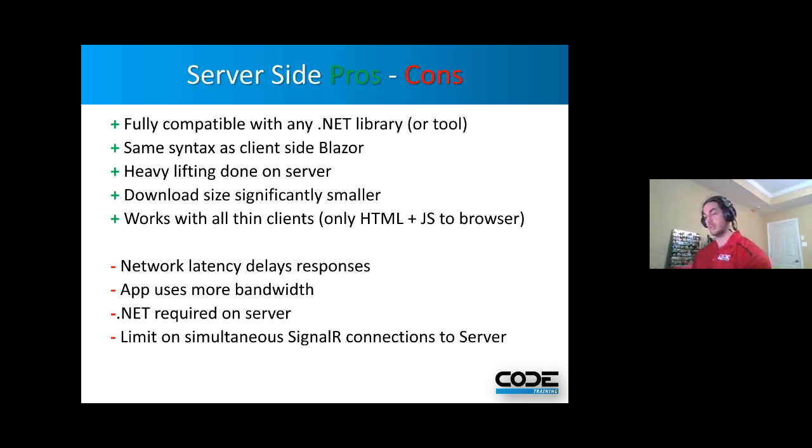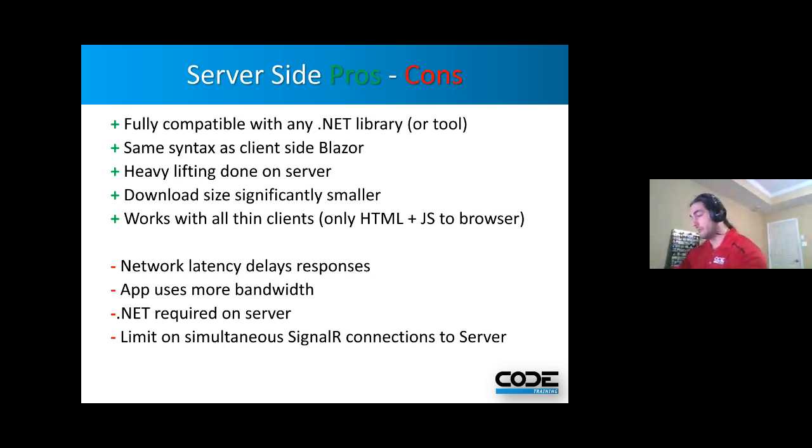How do you replicate your server and make sure additional requests that the original one can't serve up are handled by your backup? You don't have this problem, obviously, with client side, right? Because if 100,000 people serve up a client side Blazor app, well, 100,000 people are going to download it to their device, download the runtime, and run it on their devices. So that is not a limit at all in the client side scenario.